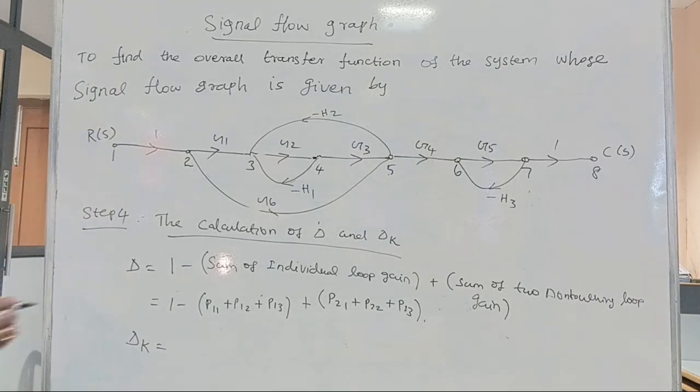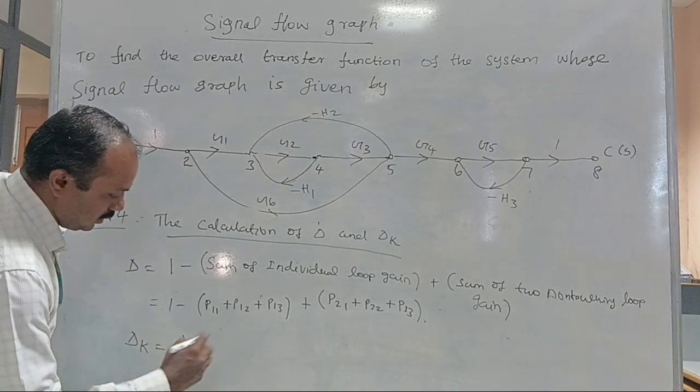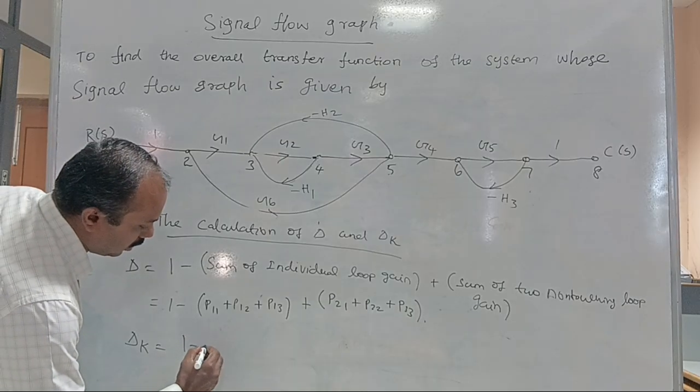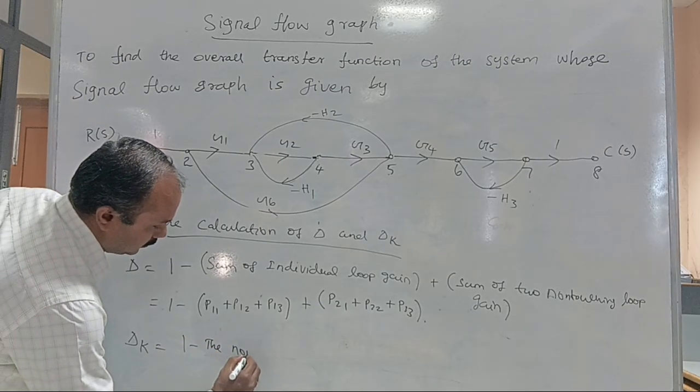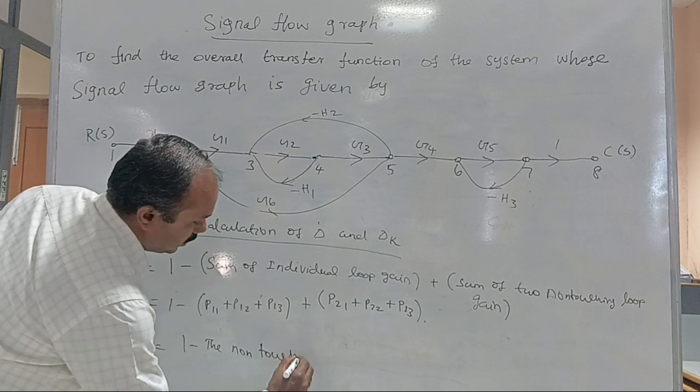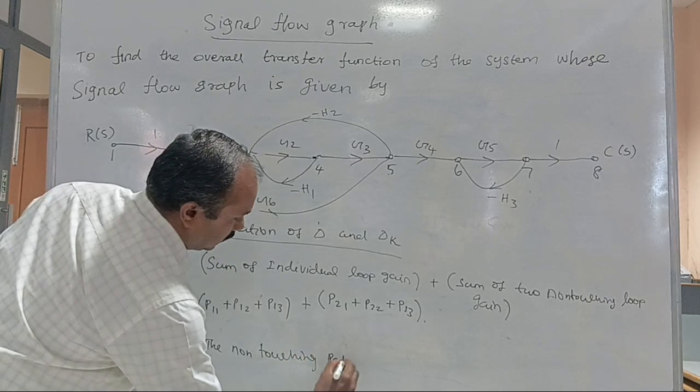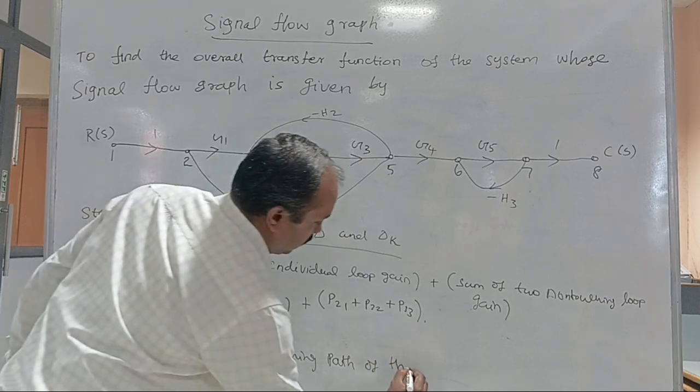Then del K is 1 minus the gains of the loops not touching the kth forward path.